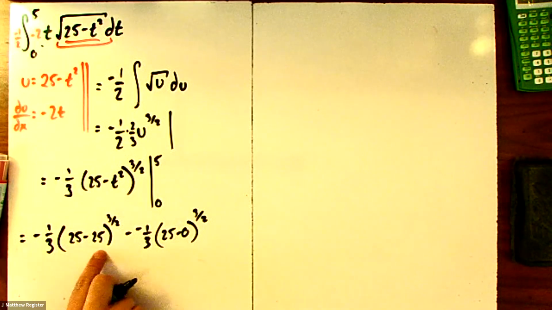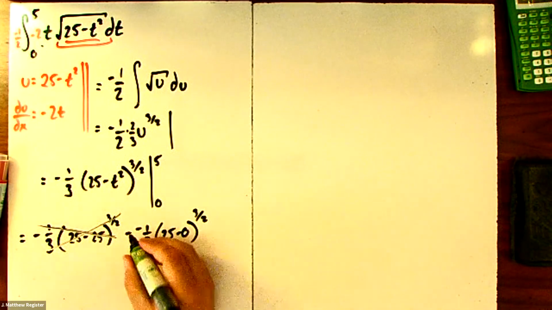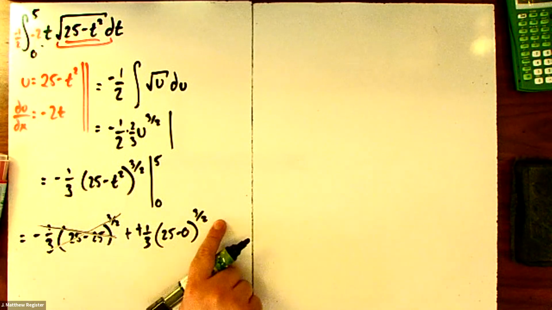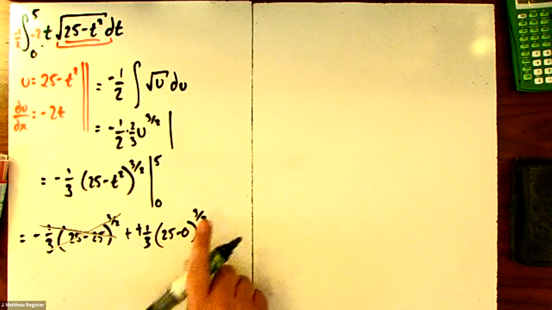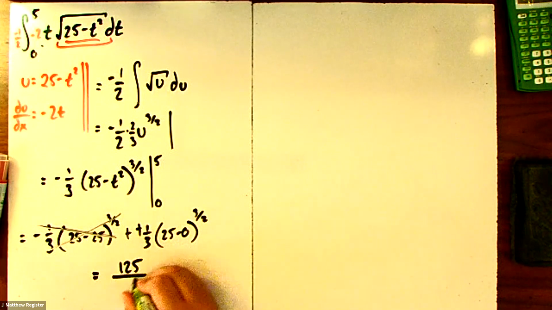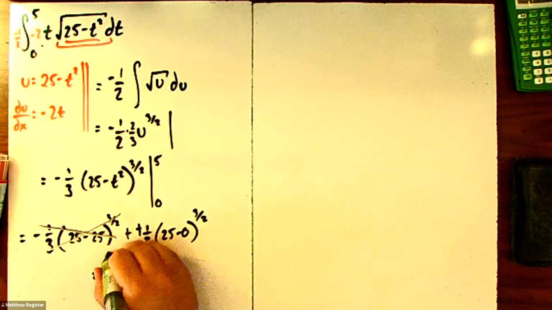Well, 25 minus 25 is 0, so this term goes away. The minus signs cancel, and then 25 to the 3/2 would be 125. And so we end up getting 125 over 3.